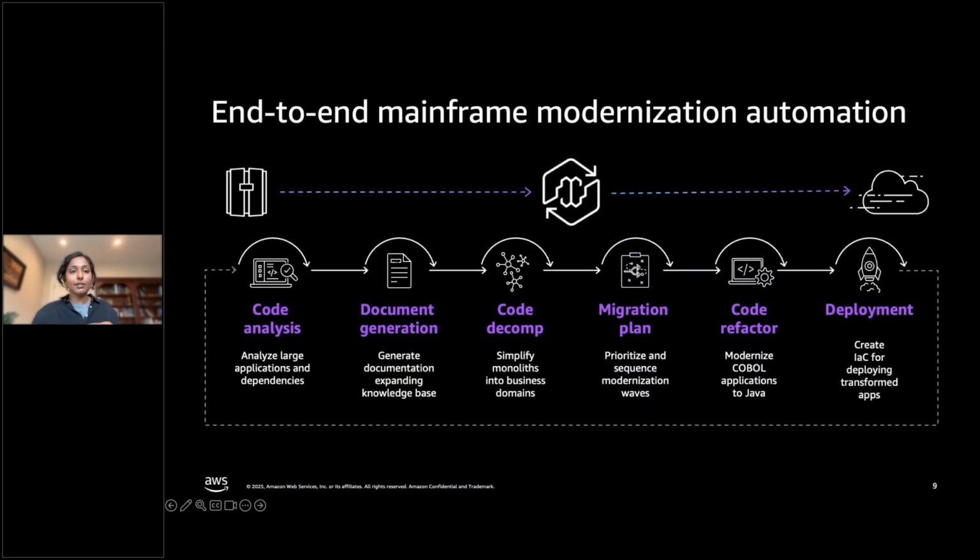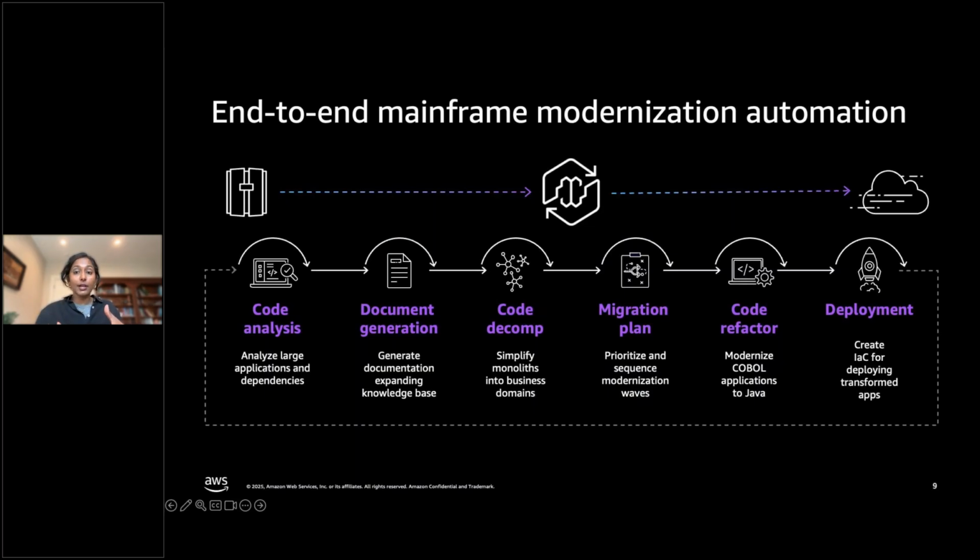Document generation is one of the steps we'll go a bit deeper on, and it essentially lets you produce natural language descriptions for both technical and business users. And finally, we know we're modernizing applications, not code, and these applications map to teams and specific business functions.